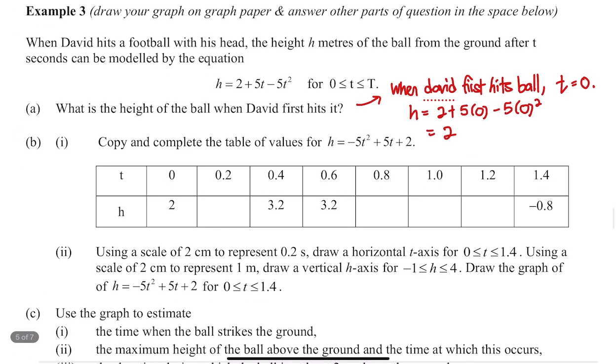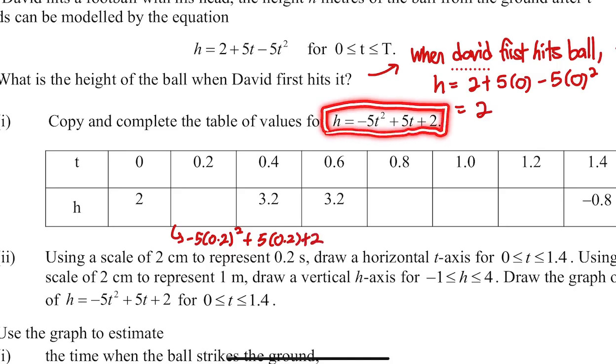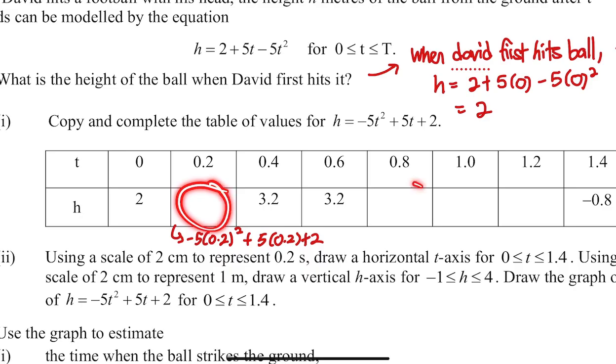Then next part, copy and complete the table of values over here. Same as what we have done in previous examples, when t equals 0.2, please go and calculate yourself what the h value is. You substitute in, as a reminder, negative 5 times 0.2 squared plus 5 times 0.2 plus 2. You substitute into this equation over here. Use your calculator. Can you calculate these 3 values?